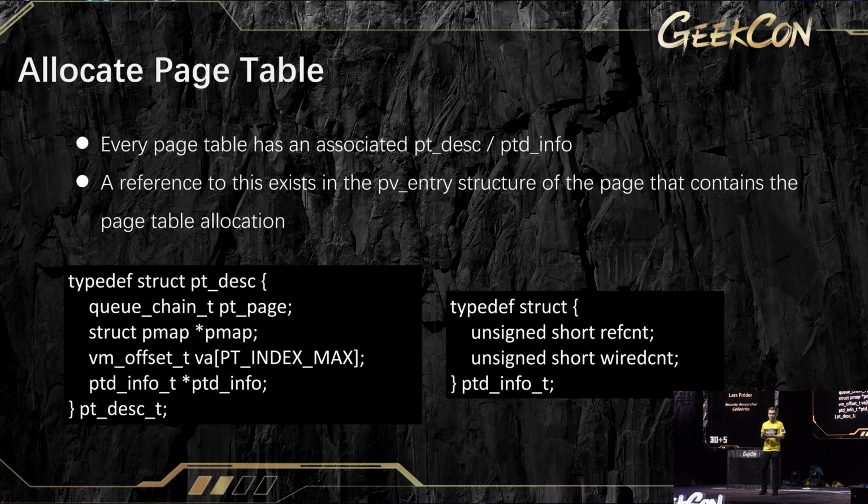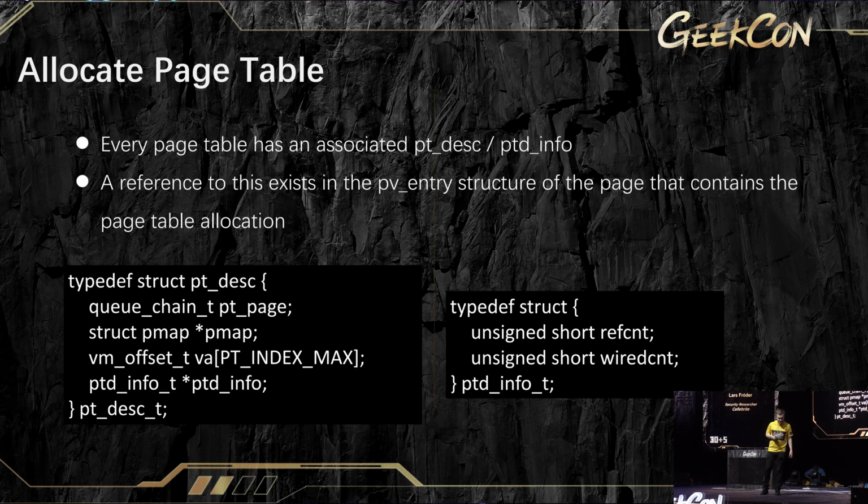Okay, so how do we actually allocate a page table? As I explained, every single page has a descriptor in some global list, and this global list contains a descriptor for every page. As you can see, basically every page has such a PT descriptor, and that has some general properties of it.